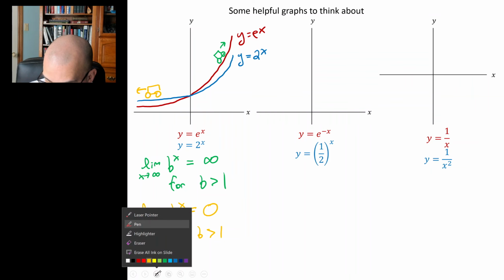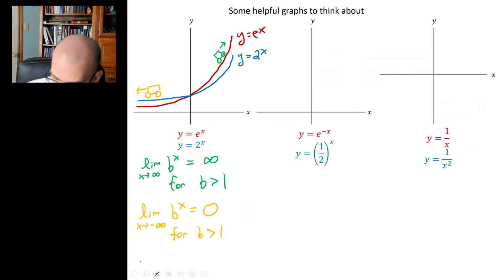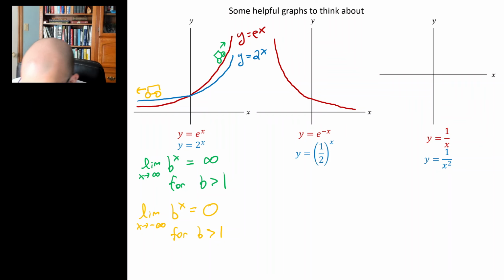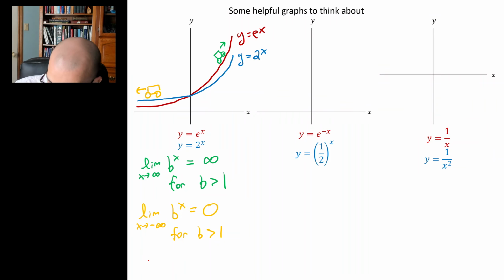Now the next type, e to the negative x, is mirrored. It's flipped left and right. So I'll draw that over here. I'll use a different color red because I want to label things and be able to track what's what.